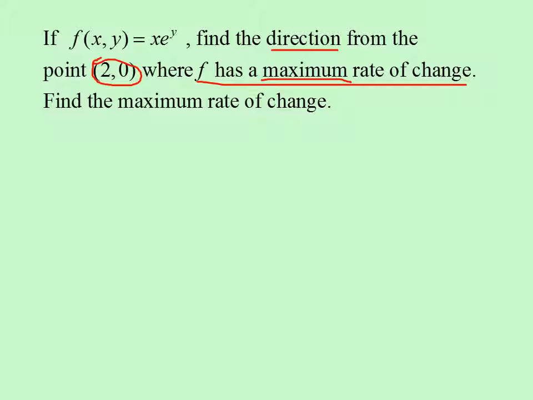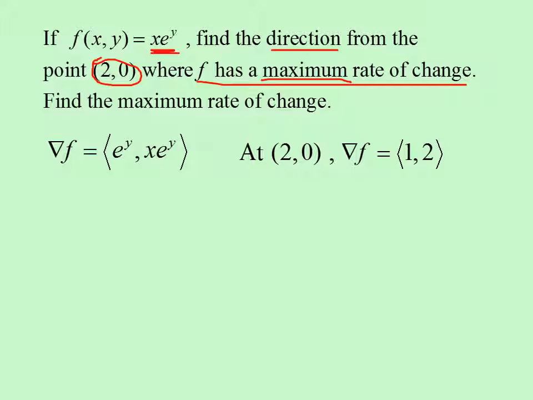Which direction would we go and have the steepest, the maximum change? So we'll do the gradient. Now again, that's the derivative with respect to x. That would be e to the y. The derivative with respect to y, which would be x e to the y. Substitute the point 2, 0, and we get our gradient at the point 2, 0.